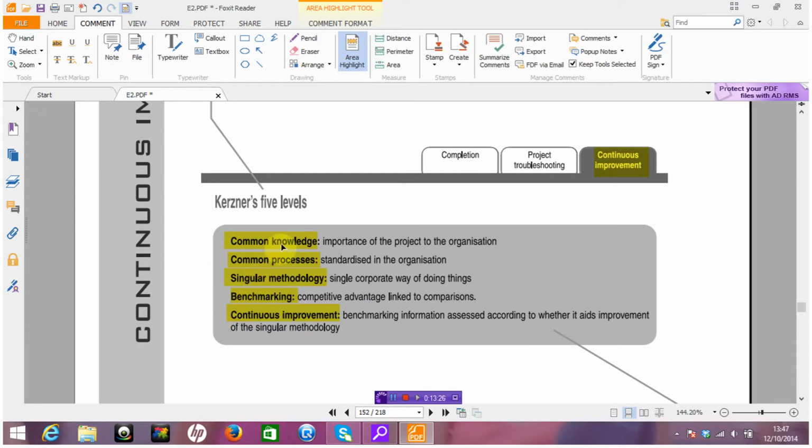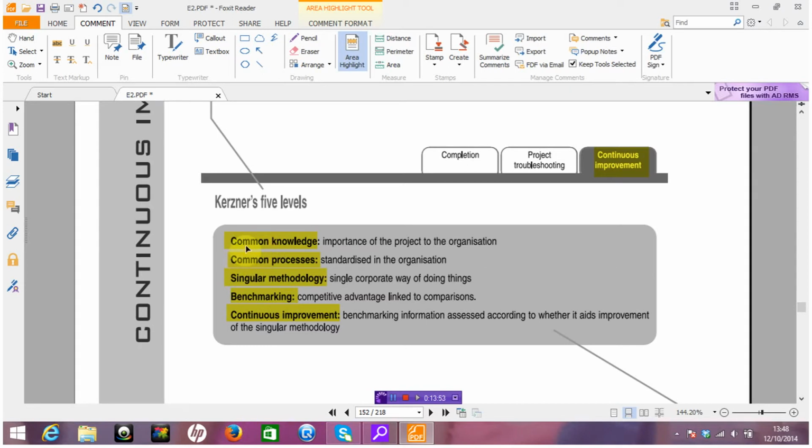Now, I'll take you through them briefly. Under common knowledge, we have projects undertaken within the entity, and the knowledge that we have is fairly basic, and what we employ is fairly basic training on project management for those involved in projects within the organization.